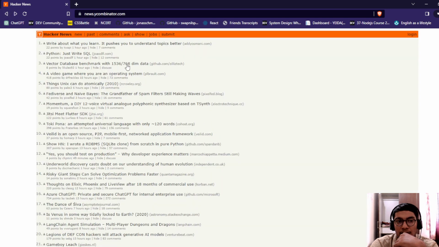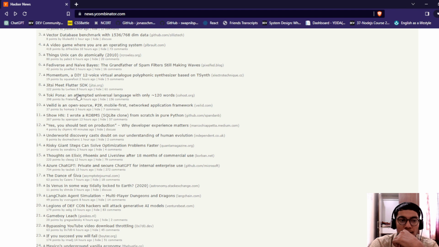Vector database benchmark is a video game where you are operating system. Things Unix do automatically. Momentum are valid. So I wrote that yes, you should test on production by developer experience. Understand discovery cost.